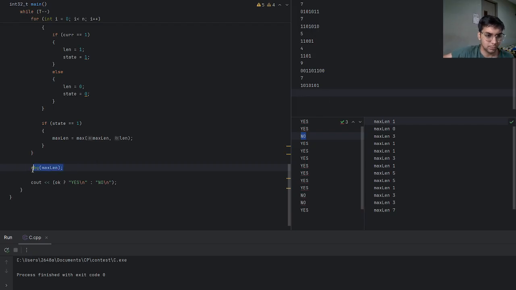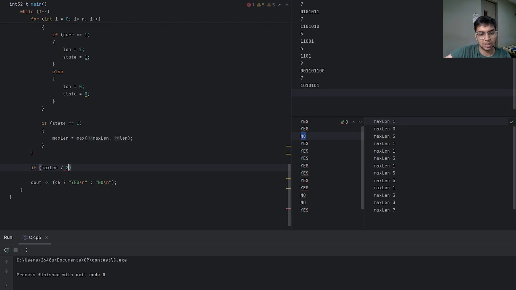Now, the thing is that if I divide 7 by 2, I get 3. If I divide 5 by 2, I get 2. So basically, first of all, maximum will always be odd.